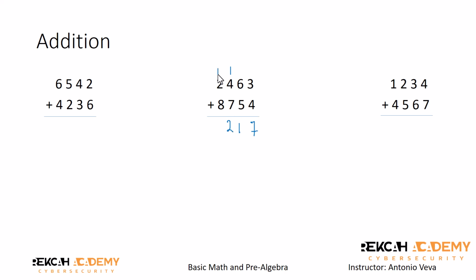Carry over the 1 to the next column in the thousands place. So we have 8 plus 2, 10, plus 1, the carried over number, gives us 11.